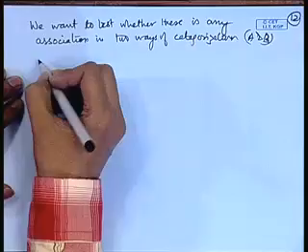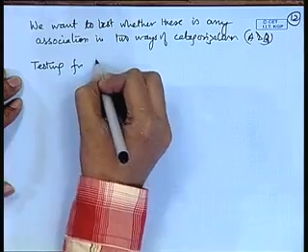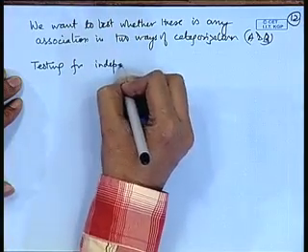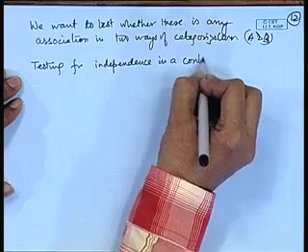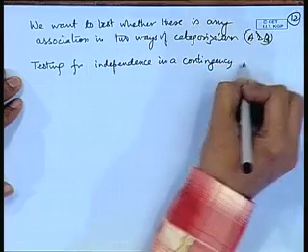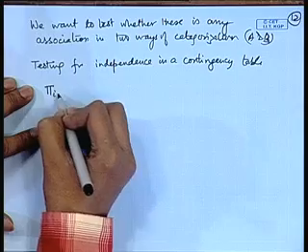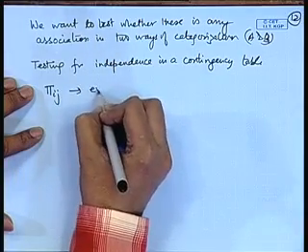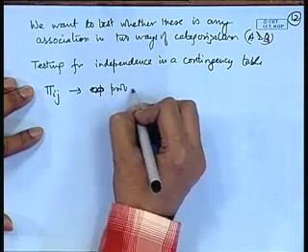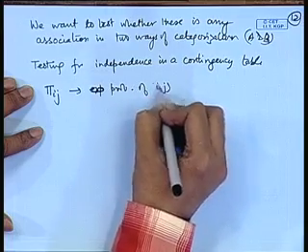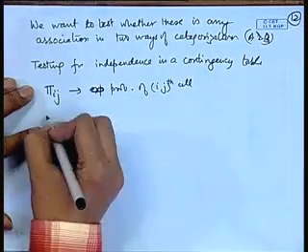So, this is called testing for independence in a contingency table. So, you can say here pi ij is the probability of the ijth cell, that is the theoretical probability.